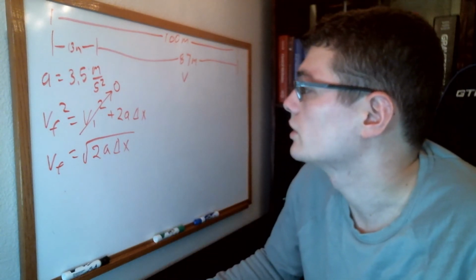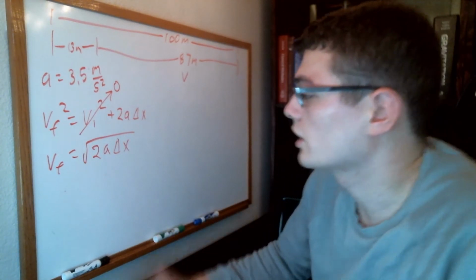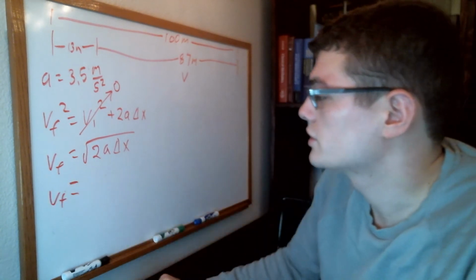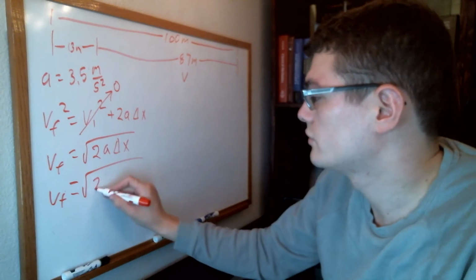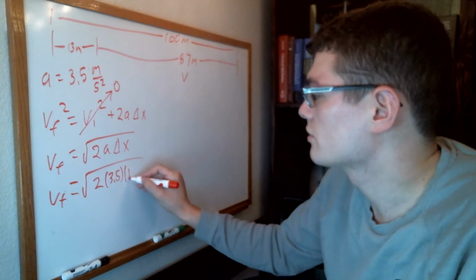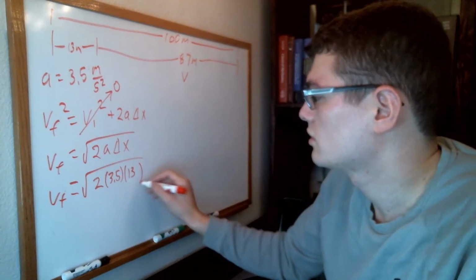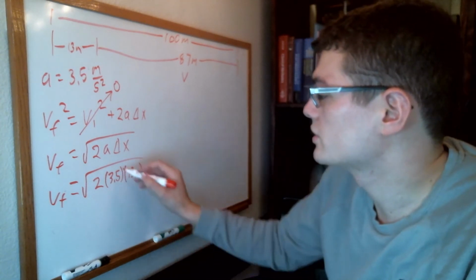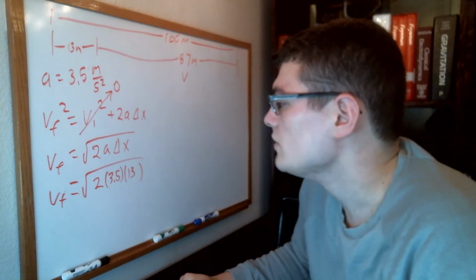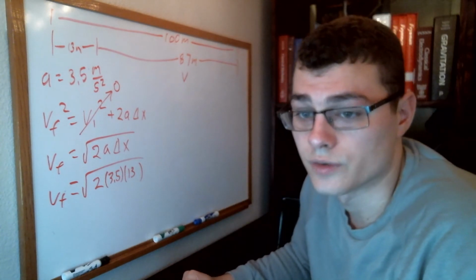So now we can just start plugging and chugging and get our final velocity here. So Vf is going to equal the square root of 2 times 3.5 times 13. This is in meters per second, this is in meters, and so that's going to give you meters squared over second squared.